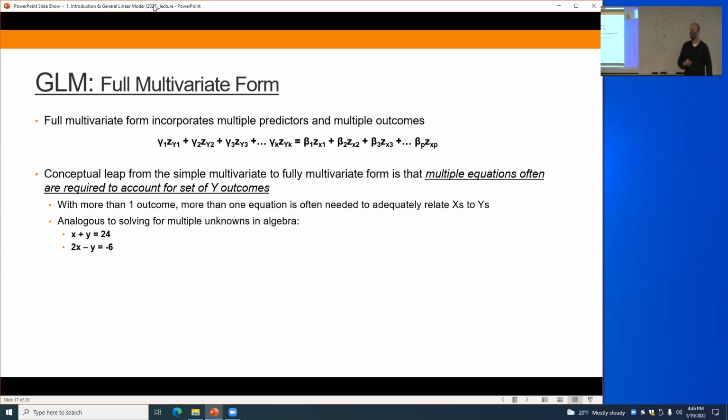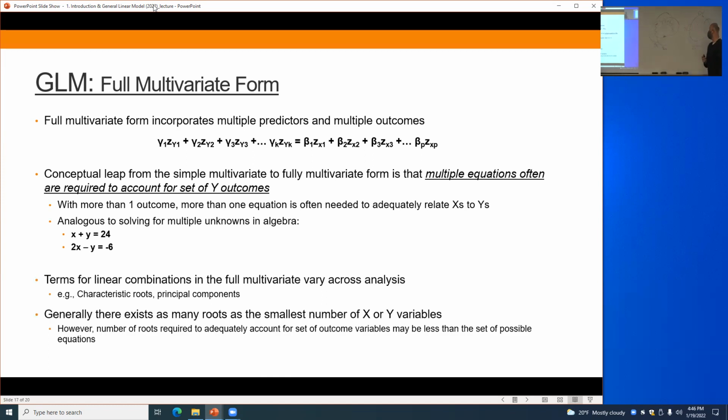Okay. So we're talking about these full multivariate GLMs. What we talk about in terms of these equations, or these linear combinations of variables, changes depending on what type of analysis we're talking about. Sometimes they're called characteristic roots, that's a DFA term, or principal components, that's a factor analysis term. It varies, but it's all basically the same thing.